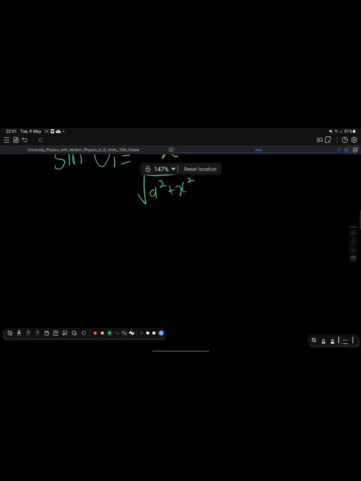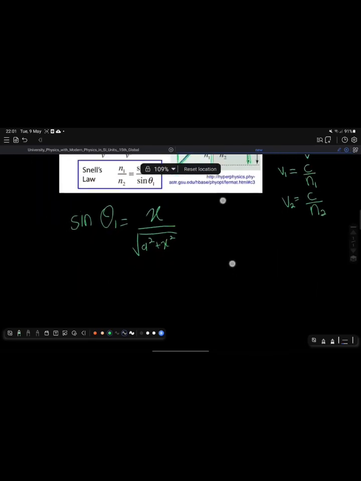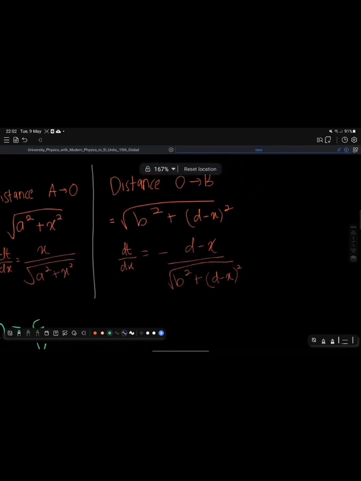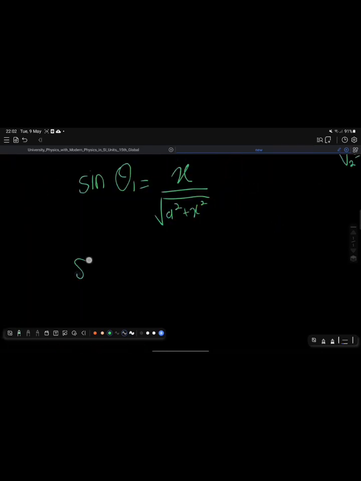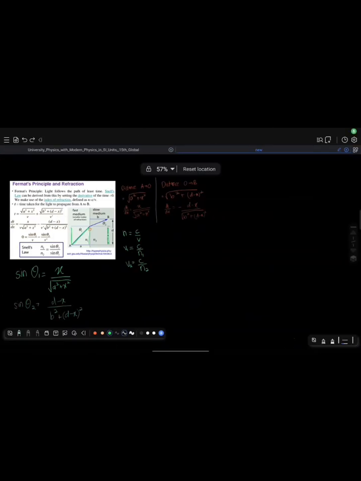And the same goes for sin theta 2. Sin theta 2 is actually the derivation of the distance O to B, which is sin theta 2 equal to (d minus x) over square root of b squared plus (d minus x) squared. And now we will multiply the derivation of the distance A to O and the distance O to B by one over the speed of the light in each medium.